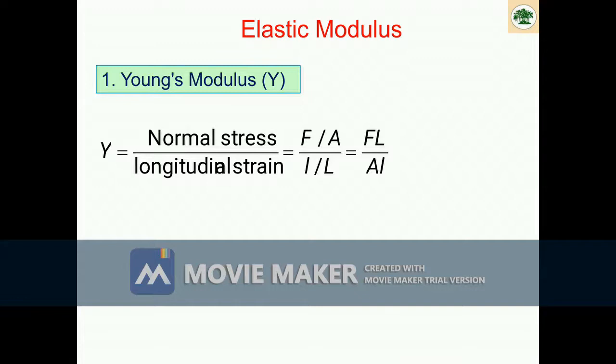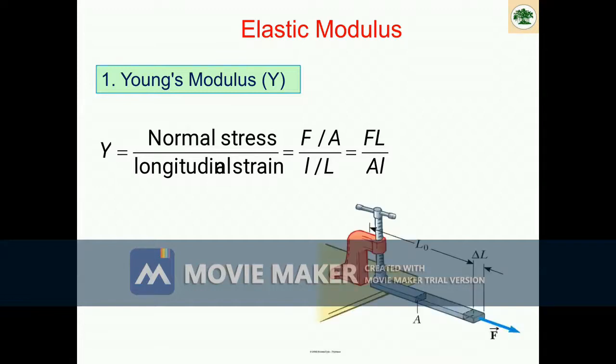We know the longitudinal or normal stress is equal to F upon A. Longitudinal strain is the change in length per unit original length, therefore small l upon capital L, and we get F into L upon A into small l.